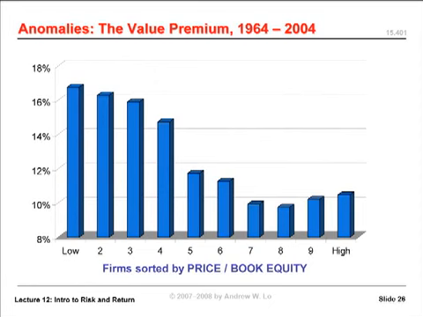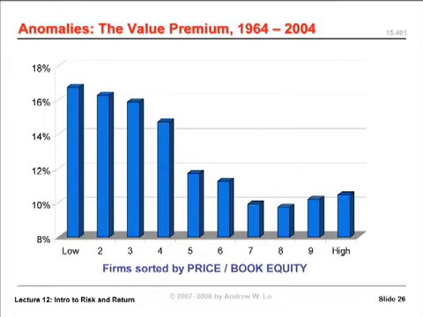Okay? Momentum. This is something that academics discovered maybe 10 or 15 years ago, which is also really anomalous. By momentum, we mean simply last month's return or last year's return. If that's positive, does it tend to persist over the next 12 months?